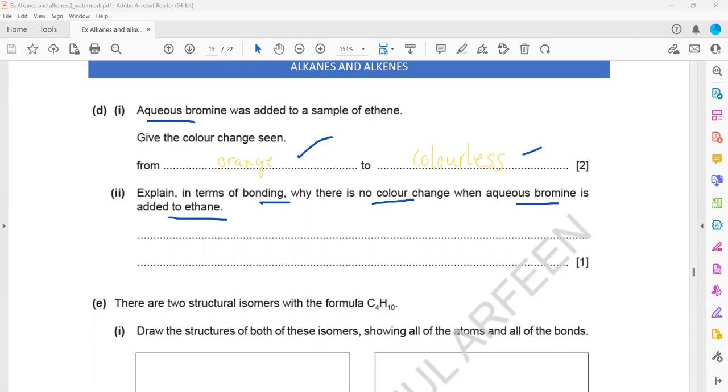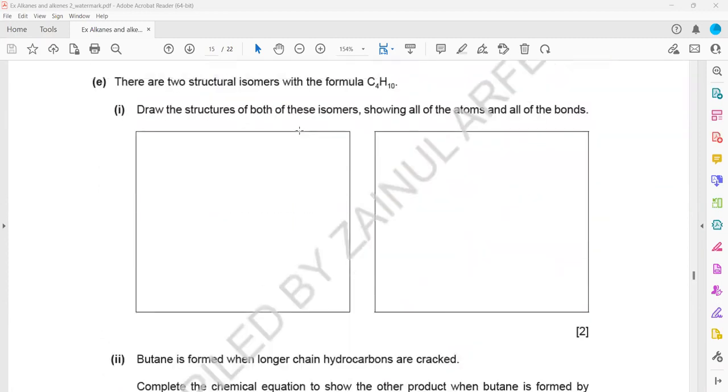Mainly, you have to tell why it does not react: because it does not contain a carbon-carbon double bond. That's why bromine can react with alkene but not with alkane. Even though it is obvious that there is no color change because there is no reaction, you have to tell why.